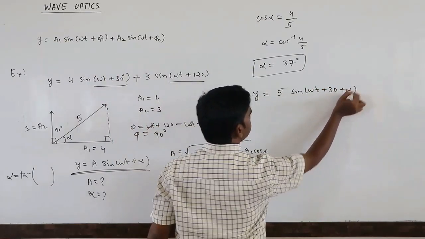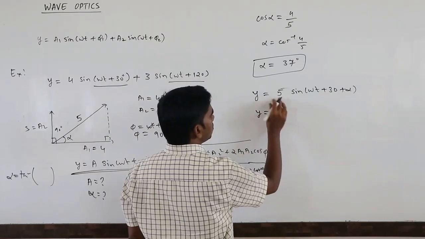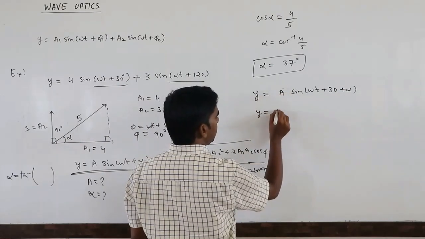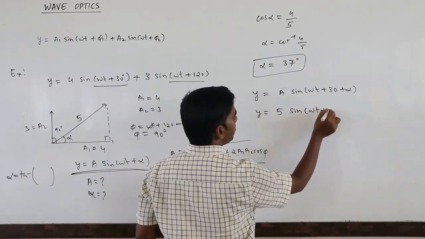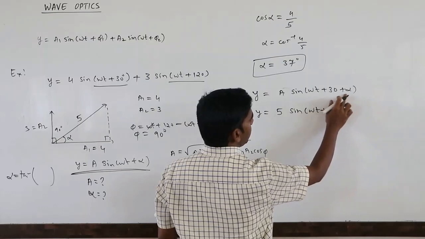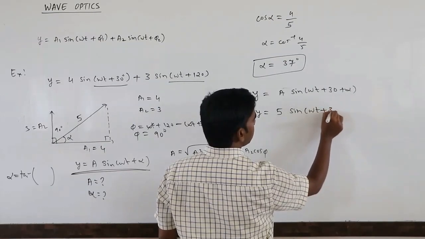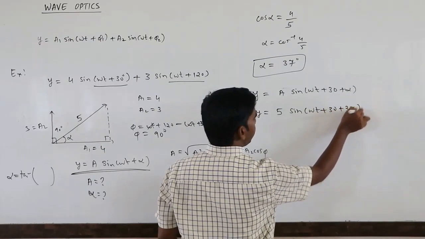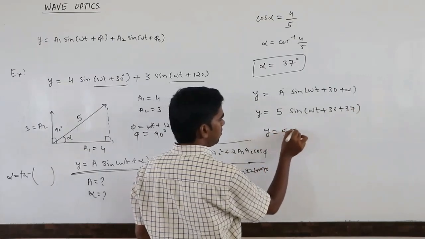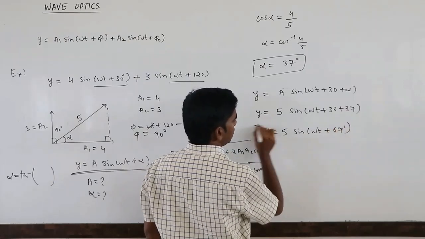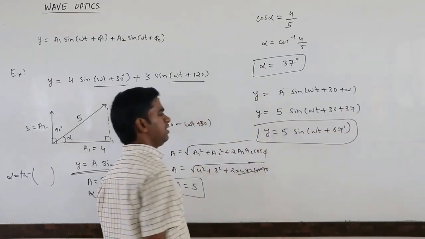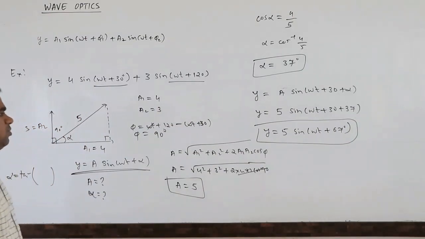Alpha is 37. So your final answer is 5 sin(omega t plus 67). This is how we can get the final equation for a given problem.